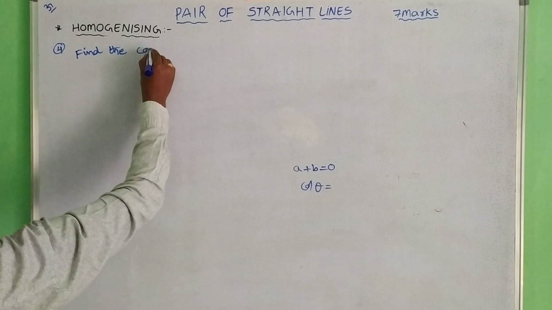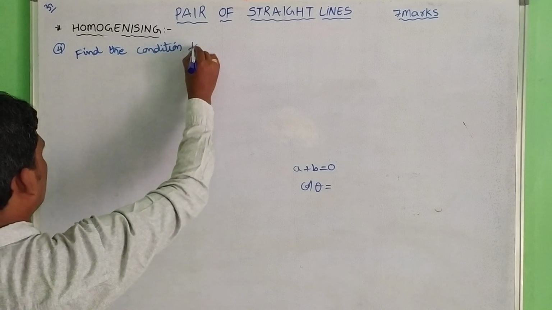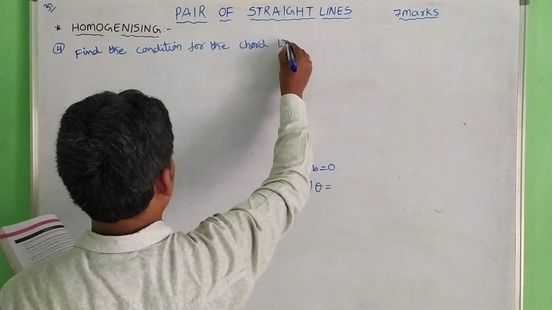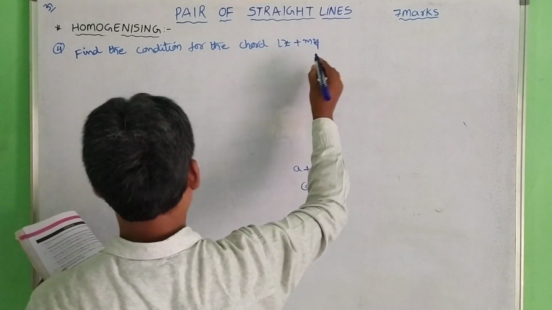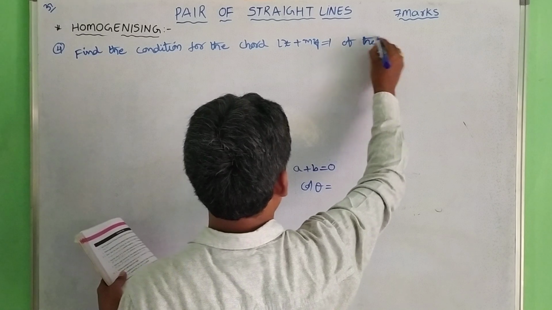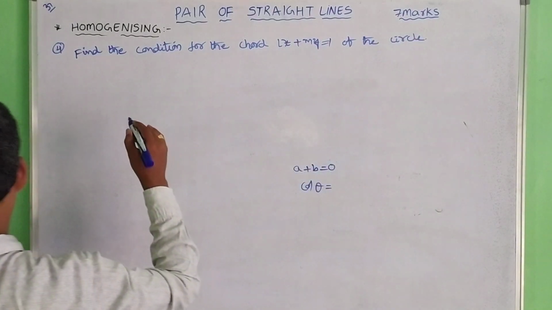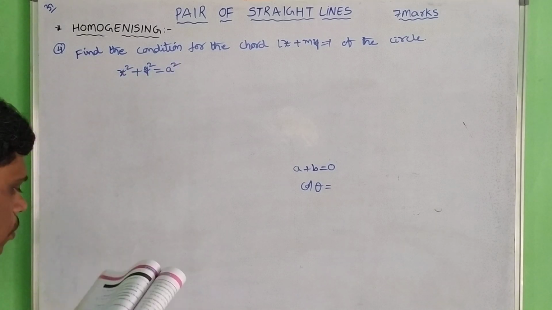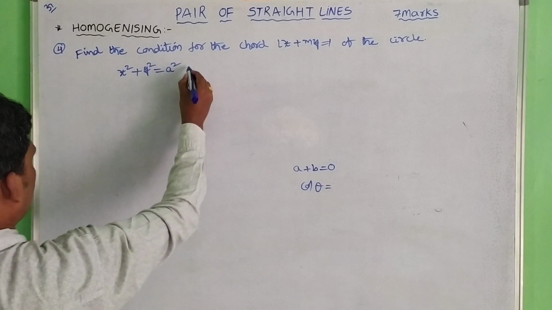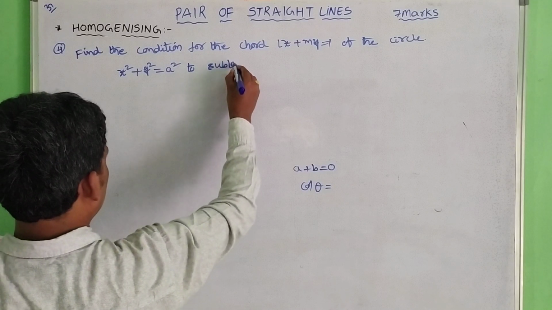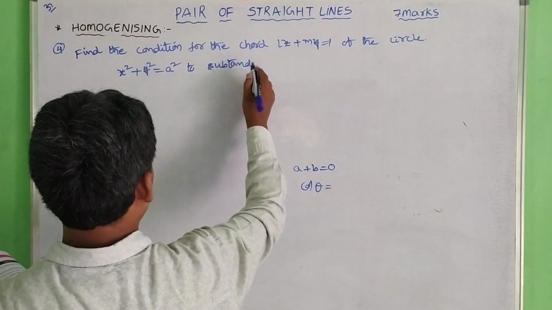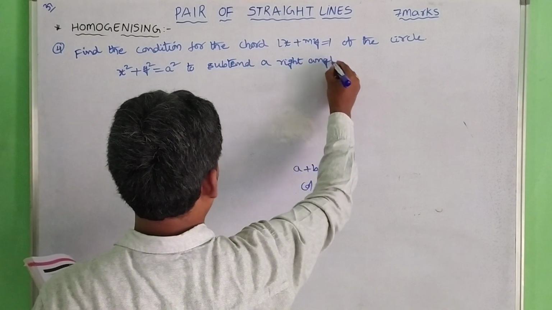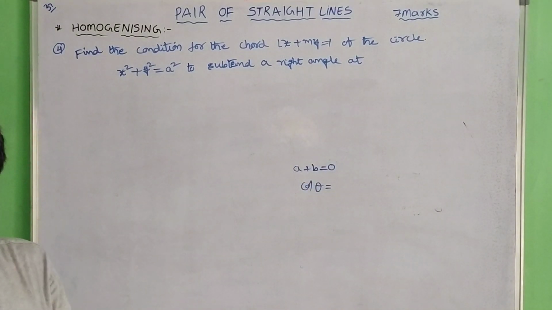Find the condition for the chord lx plus my equals to 1 of the circle x square plus y square equal to a square to subtend a right angle at origin.